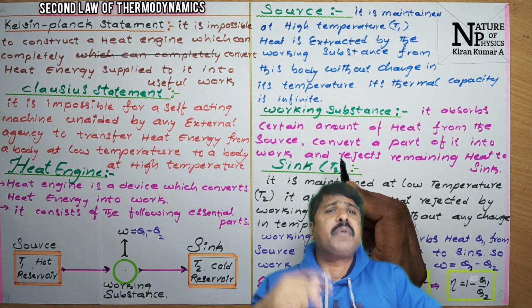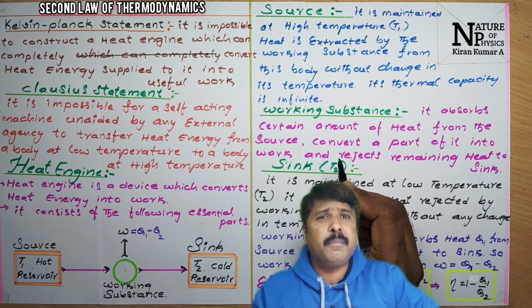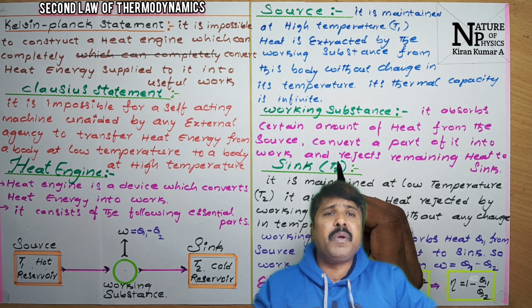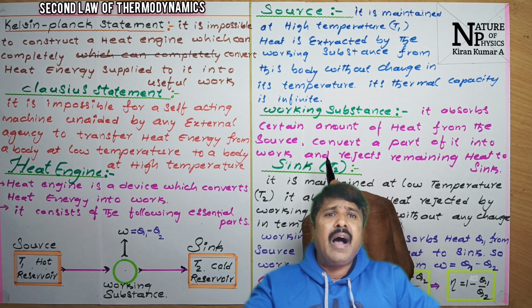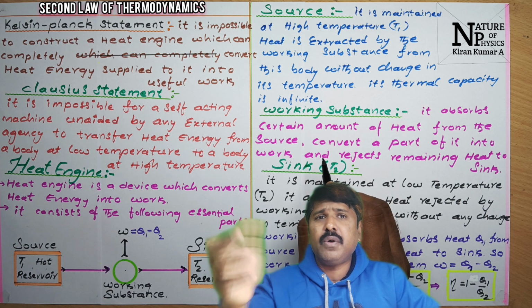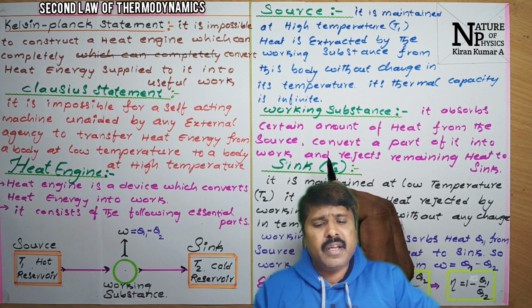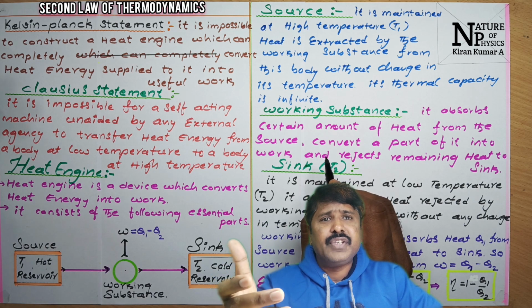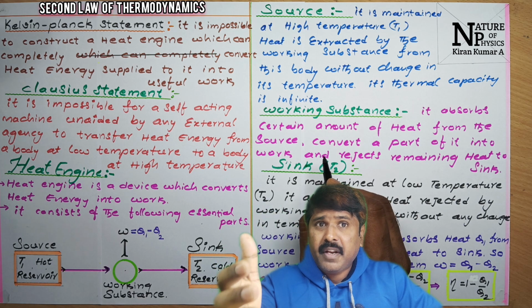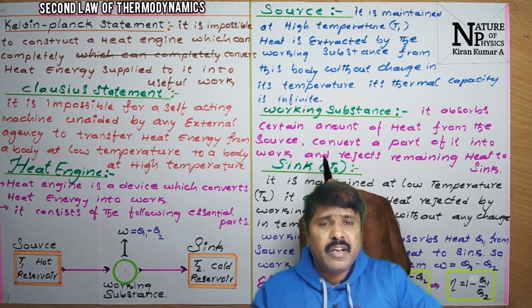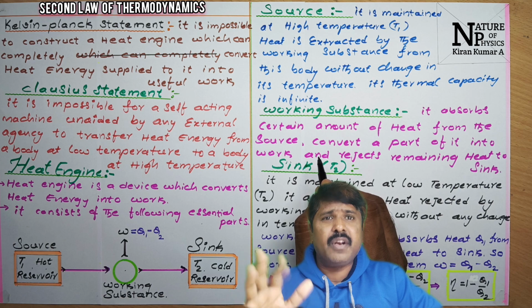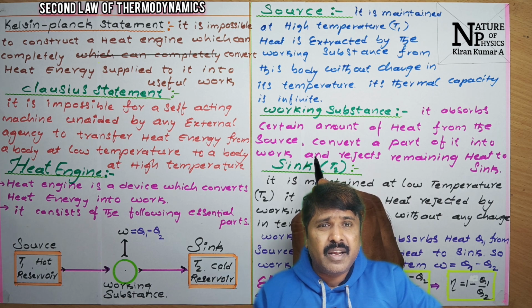If heat is flowing from the lower temperature area to the higher temperature area, the best example is a refrigerator, in which electrical work is done on the refrigerator. That's why heat is flowing from the cool area to the hot area, that is, from the lower temperature area to the high temperature area, student. So heat flows from lower to higher temperature only by an external agent, but heat never flows by itself from the lower temperature area to the higher temperature area.